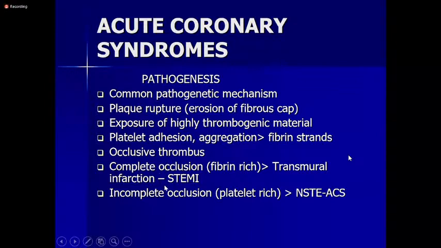So this is what we call ST elevation myocardial infarction. So this usually occurs due to a complete occlusion. The clot is usually fibrin rich, and that is important in the treatment, and it causes a transmural infarction. If the obstruction is incomplete, and usually these clots are platelet rich, then it causes a non-ST elevation acute coronary syndrome.